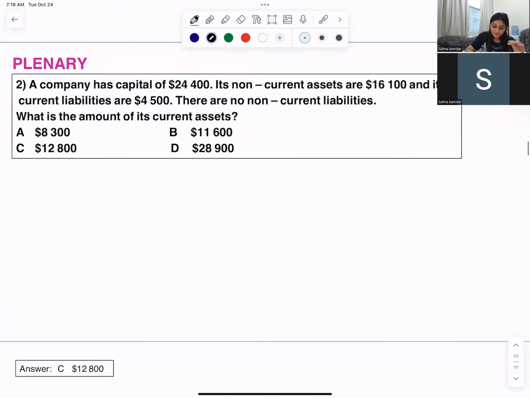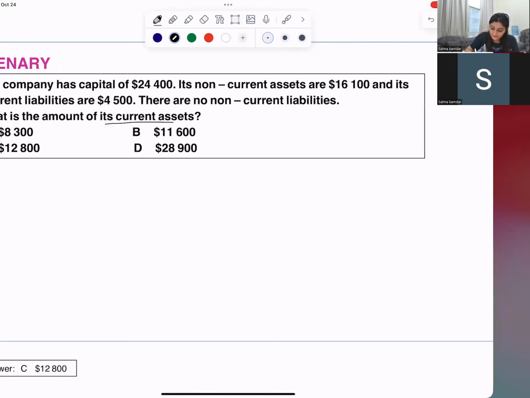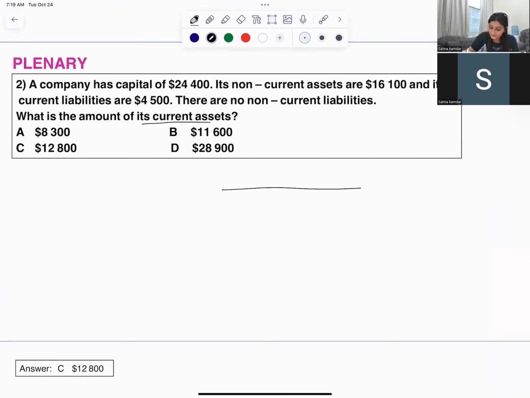Come on. What is the amount of its current assets? Company has capital. Draw the statement of financial position in rough. Your liabilities here and assets here.